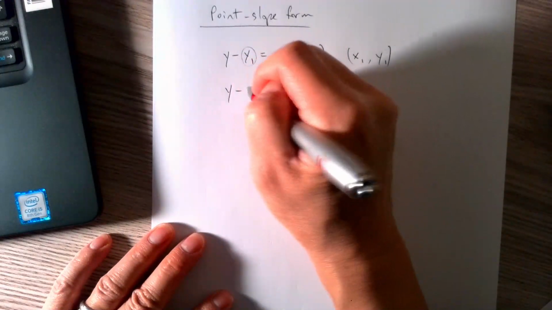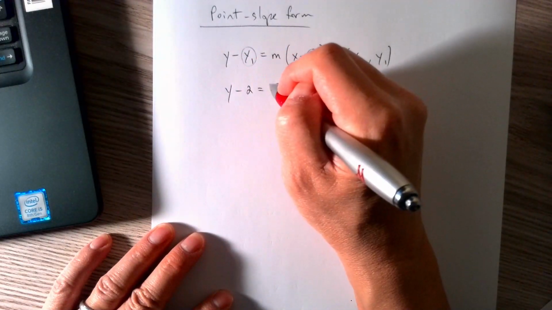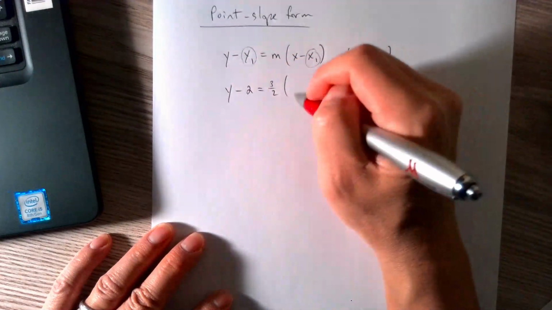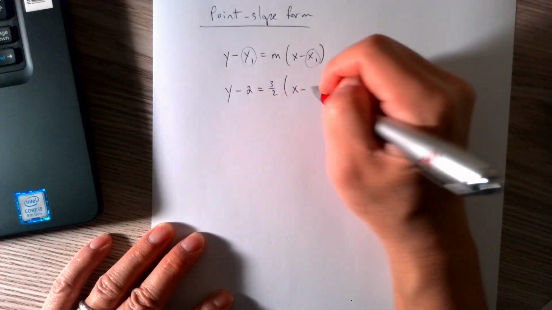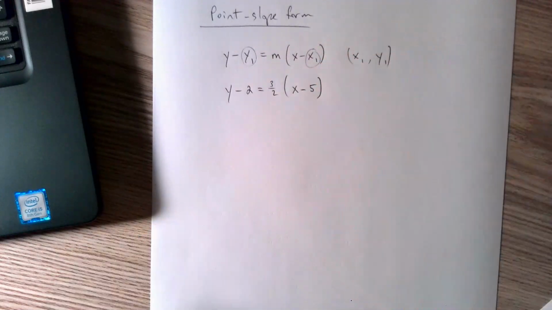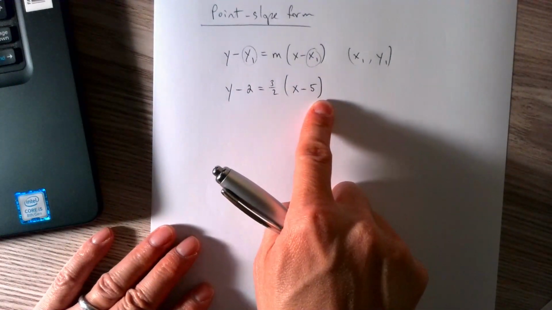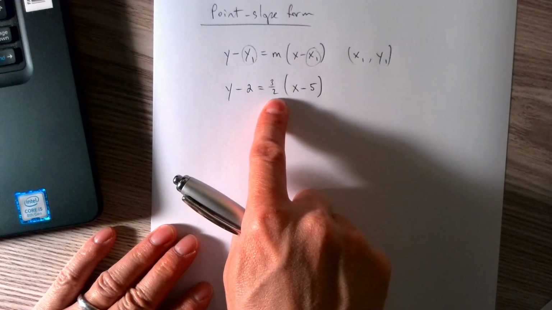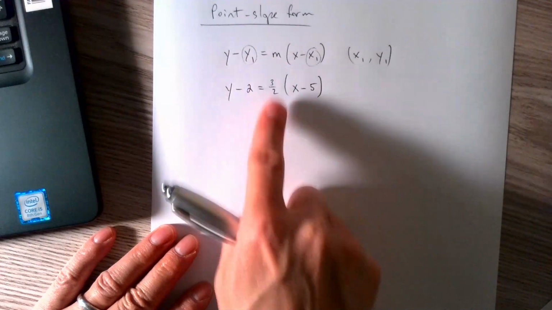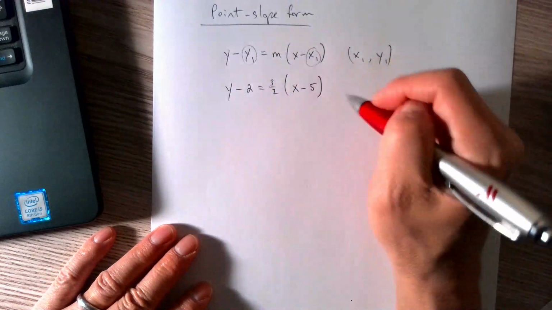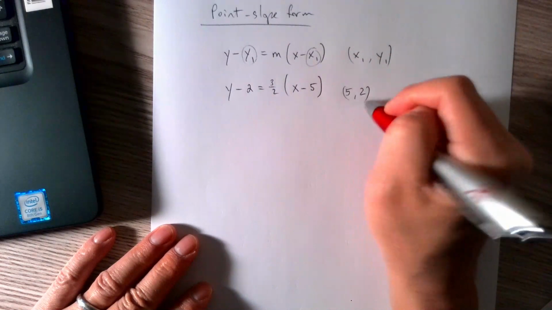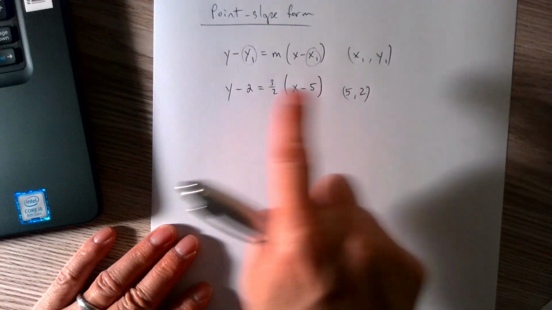So for example, in this point slope form, 3/2 is the slope, and 5, 2 is a point on this line.